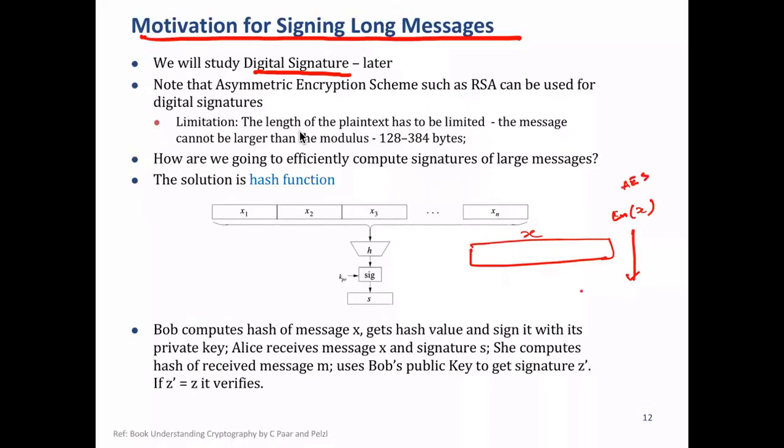And then you have a message, say X dash, out of it. Only you know the key and the recipient knows the key. Then X dash is also a signature of your X, because this is unique. But it does not follow a very important property of signature.